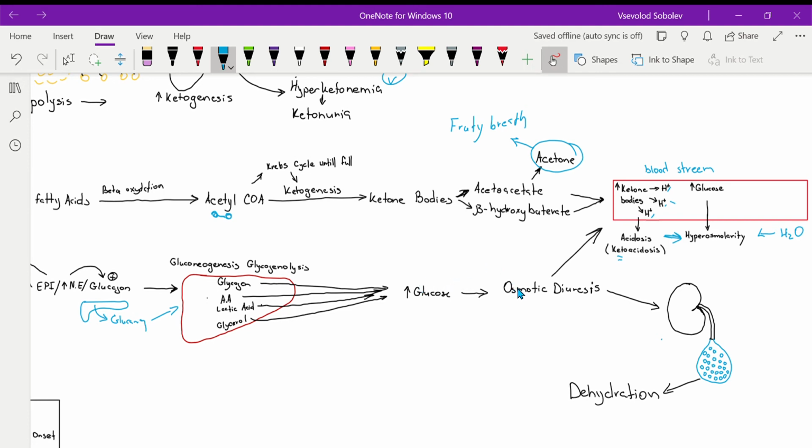These lead to osmotic diuresis, as well as hyperosmolarity leading to osmotic diuresis. And since the body pees everything through the kidneys, it leads to dehydration.